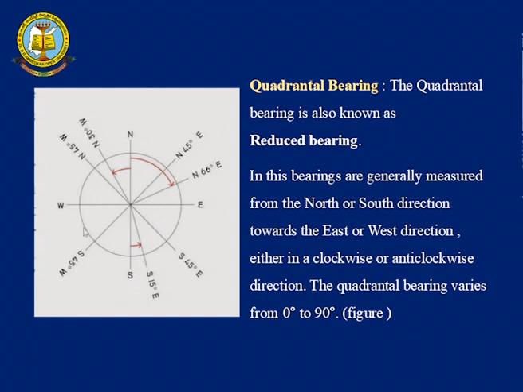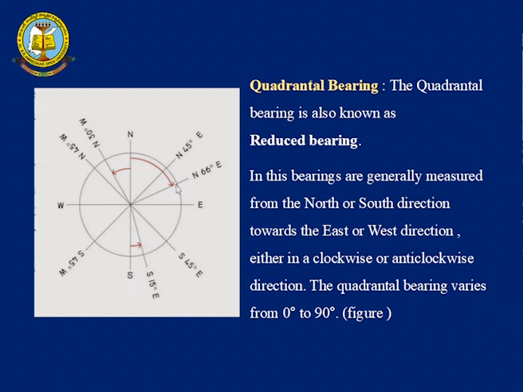Now, another bearing is called the quadrantal bearing. Quadrantal bearing is also known as reduced bearing, but here we do not read from 0 to 360 degrees. Here we only see north to east, east to south, south to west, and west to north, meaning only 90 degrees in each.